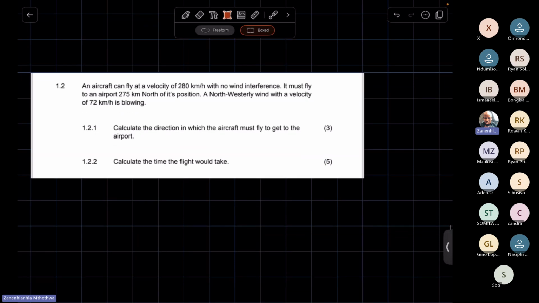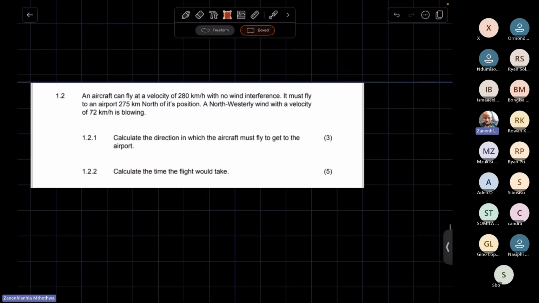Okay. So then let's look at 1.2. It reads as follows: an aircraft can fly at a velocity of 280 kilometers per hour with no wind interference. As soon as they say with no wind interference, that suggests that this here is the original vector of the aircraft.